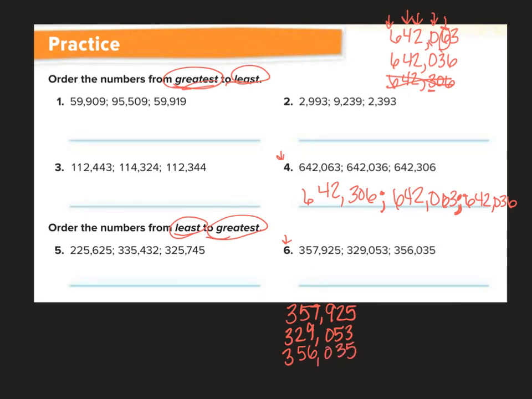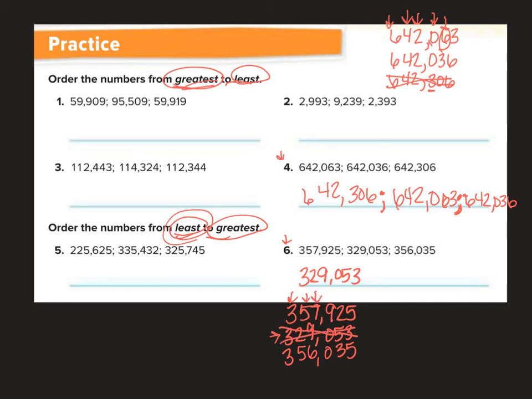Okay, here we go. 300, same. Let's look at the 10,000s. Okay, and we're going from least to greatest, so we've got 2 5s and a 2, so that's going to be our least number. 329,053. Cross her off.